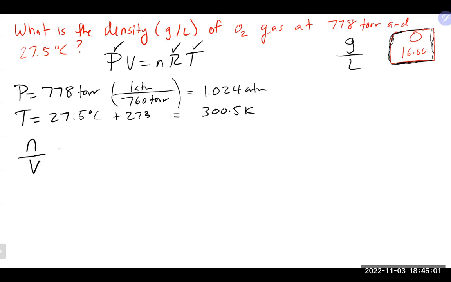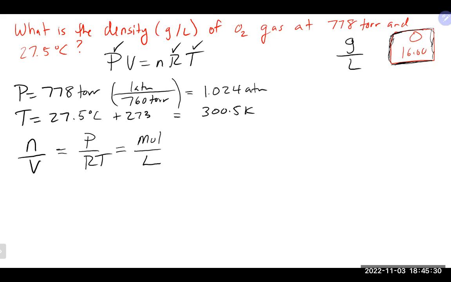And N over V will equal P over RT when I solve for it from the ideal gas law. By the way, N is moles, V is liters. That's also the molarity of the gas, moles per liter. So if you solve the ideal gas law for N over V, you basically get the concentration of your gas.